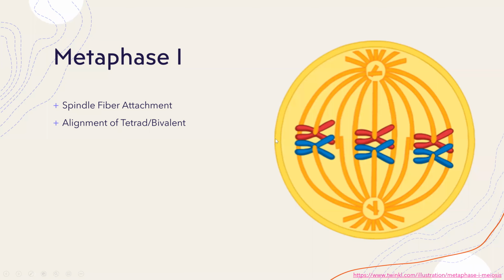So the imaginary line in this case would pass right through the center of each of these chromosomes. And this happens because we have paired homologs here, and you don't get that in mitosis. So we have primary oocytes in prophase 1. Secondary oocytes are stopped here in metaphase 1.